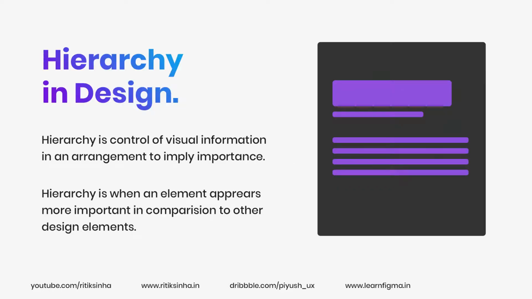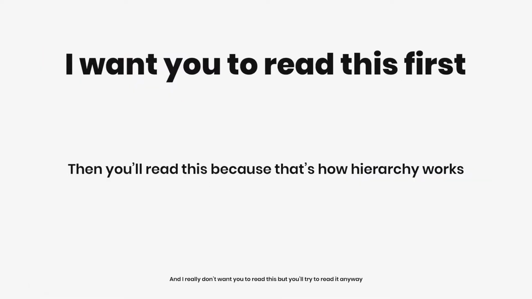Next topic is hierarchy. Hierarchy is the control of visual information in an arrangement to imply importance. Hierarchy is when an element appears more important in comparison to other design elements. We use hierarchy to give visual elements a proper order on what should come first and what you don't want people to see.